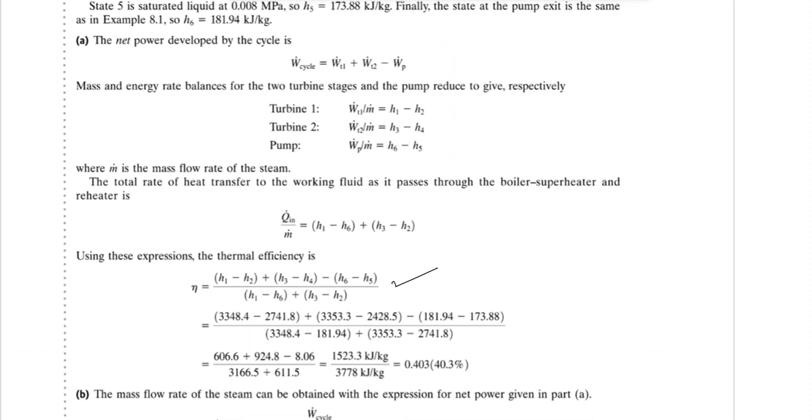So efficiency would be equal to the first stage work plus the second stage work minus the pump work, divided by the heat transfer in the boiler plus the heat transfer in the reheater. Putting all these values, you can find the efficiency, which is equal to 40.3%.